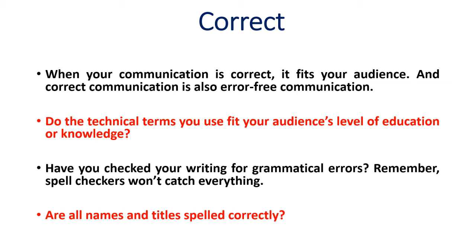Your message should be correct. You should know whatever you are saying. Do the technical terms you use fit your audience's level of education or knowledge? Have you checked your writing for grammatical errors? Remember, spell checkers won't catch everything. Your grammatical mistakes and spelling mistakes should all be corrected when you are writing.